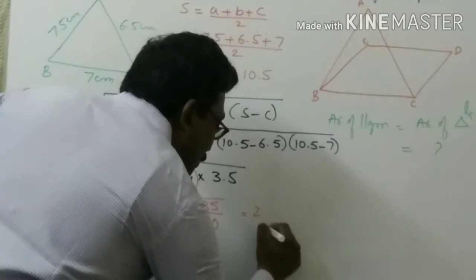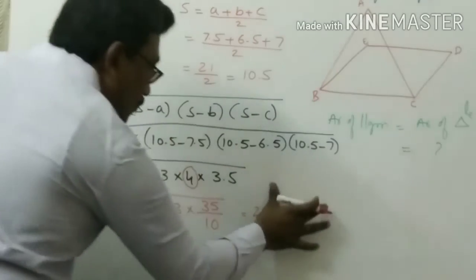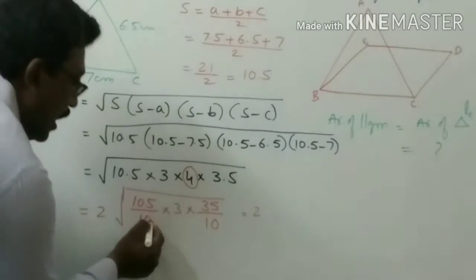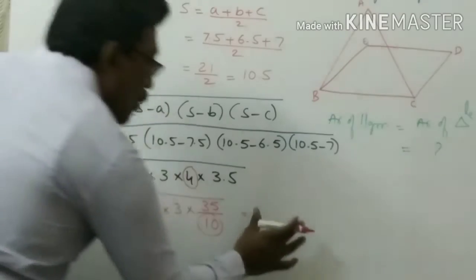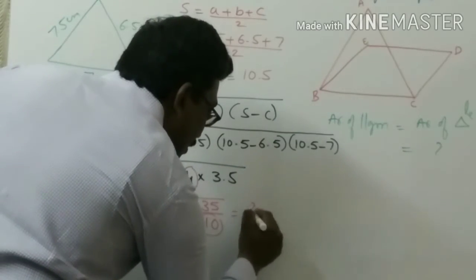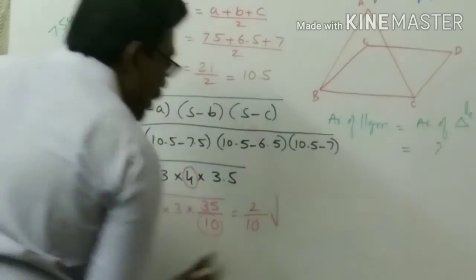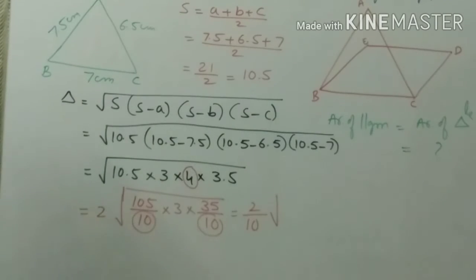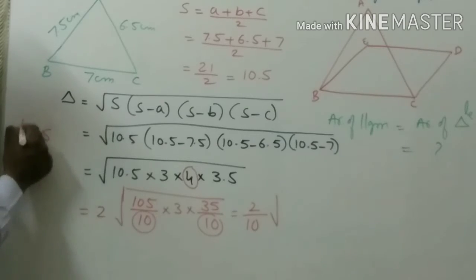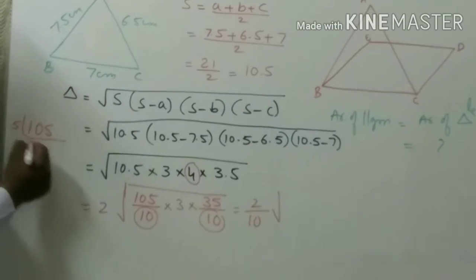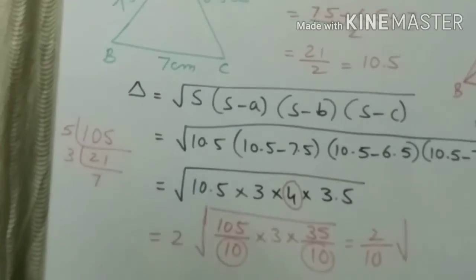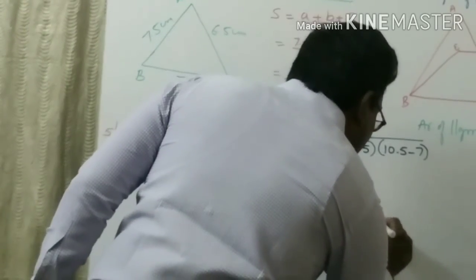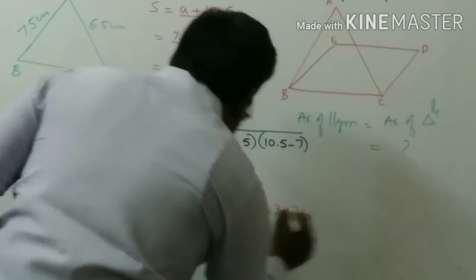Now 2 into root of, and before writing the root, a 10 is repeated twice, so I am writing 1. Now there are no fractions inside. 105, I am writing the prime factorization: 5 table, 21 is 3 times 7. So 5, 3, 7, into 3.